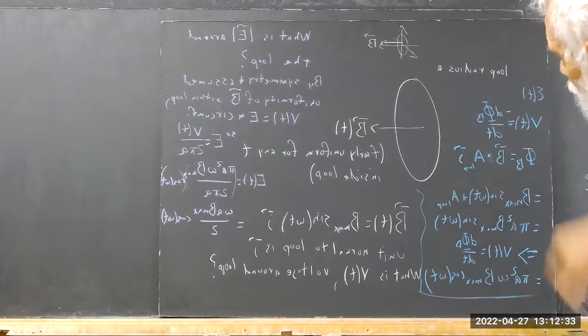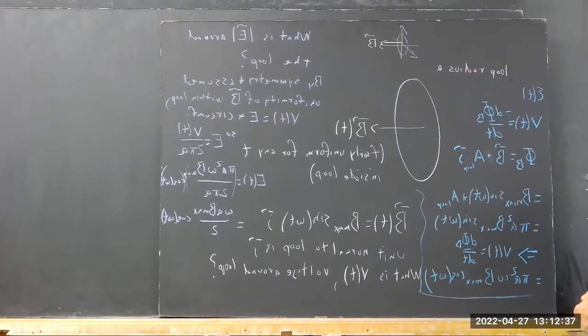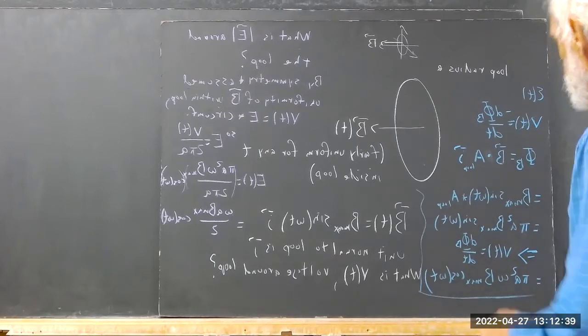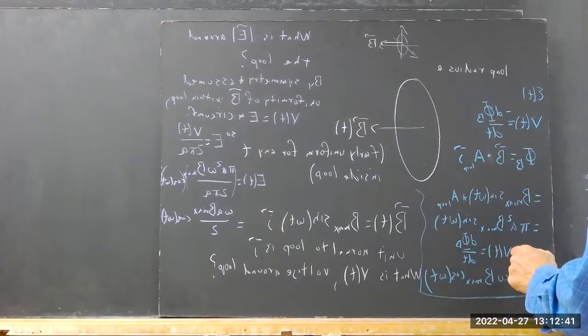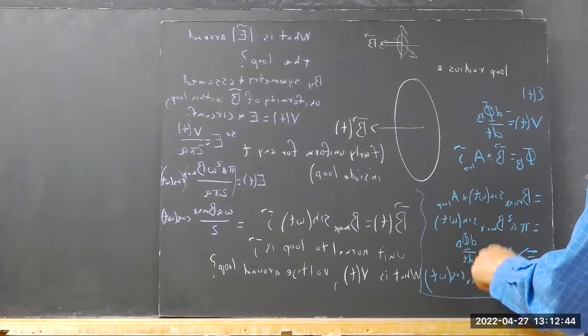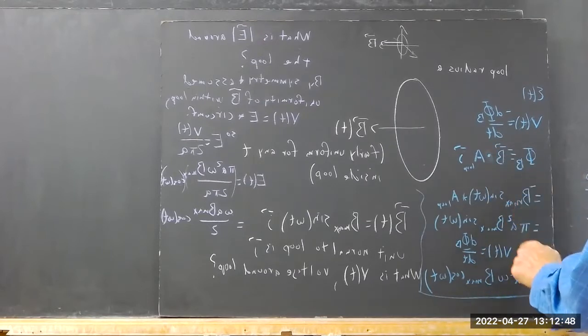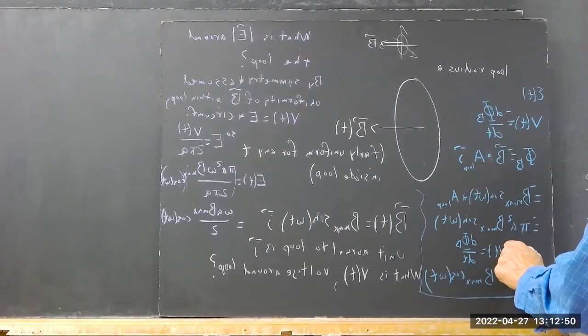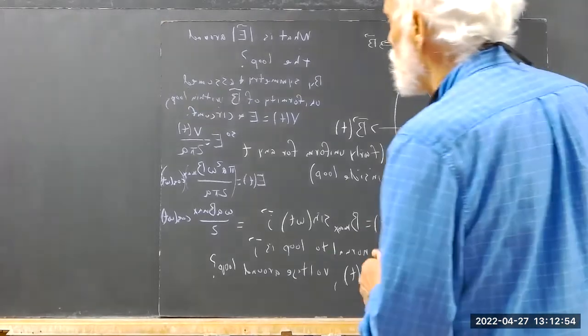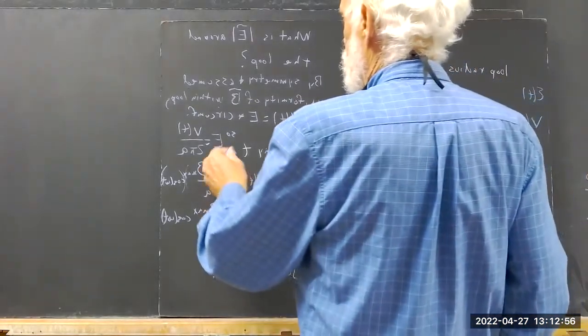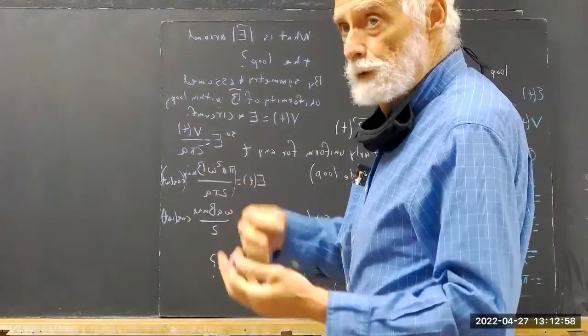An EMF due to some kind of induction. There should be a negative here, which of course then is negative here and negative here, negative in every step. And you can work out the orientation.